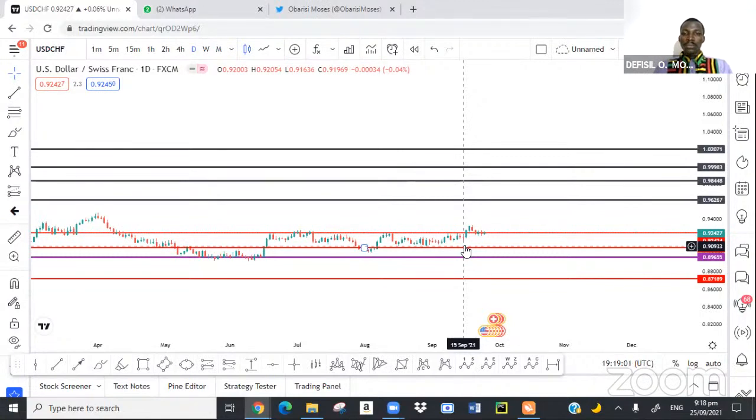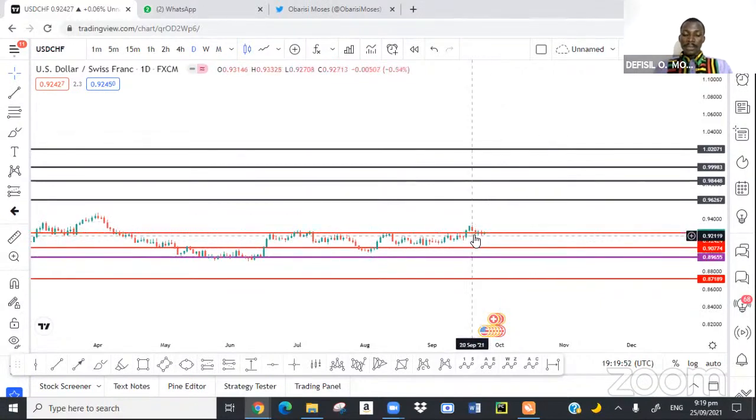Outside of that, we'll have to consider either a breaking down lower or a breaking up higher before we consider a buy or a sell.